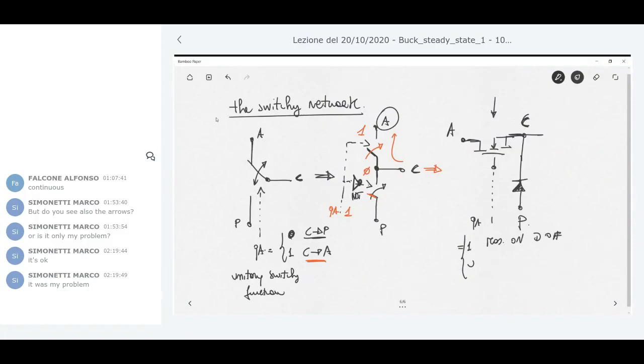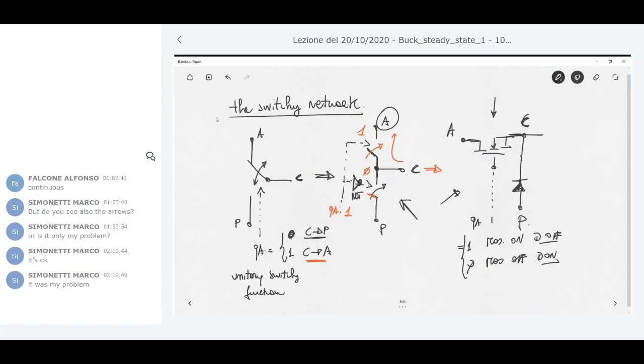When it is 0, the MOSFET is off and the diode will be on. How the diode will be on and off will be clear in a few moments. But the combination of these two ideal switches, like here, can be obtained by using real practical devices like a MOSFET and a diode.